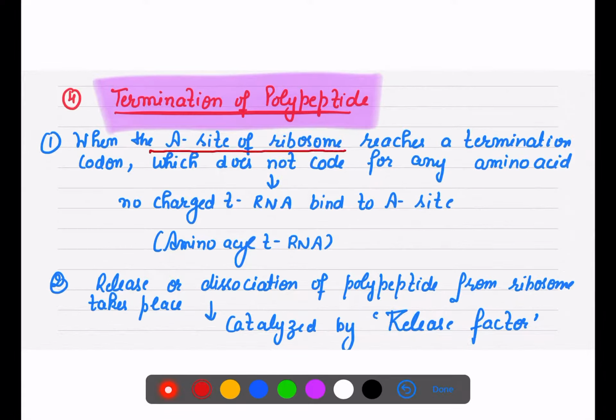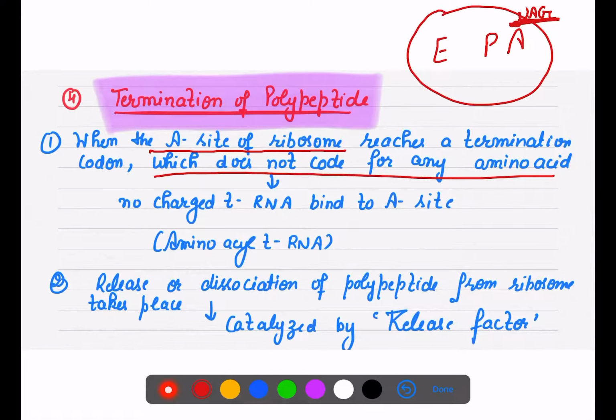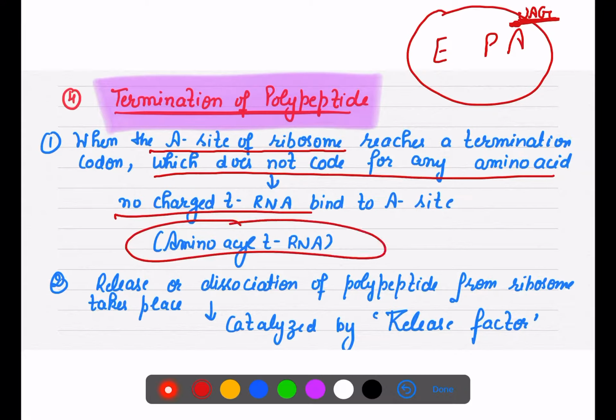When the A site of the ribosome reaches the termination codon, suppose UAG, it does not code for any amino acid, so there is no charged tRNA, no aminoacyl tRNA. So now the polypeptide chain is terminated, and release or dissociation of the polypeptide chain takes place.